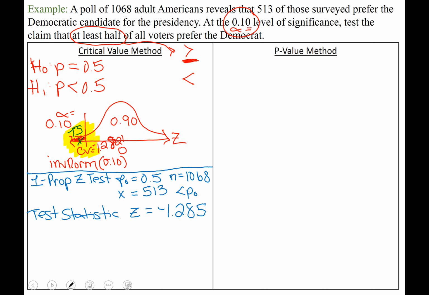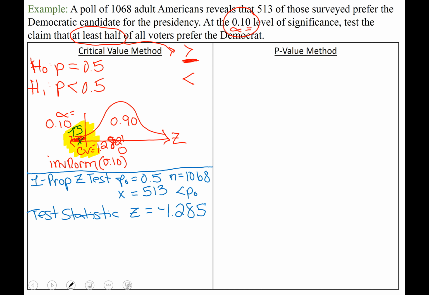It's the comparison of the test statistic and the critical value. And I want you to remember that I had to do what was in red first. So I had to do the critical value. That's what created that red region in the tail. Then I find the test statistic and figure out if it lies in that rejection region or on the other side of the critical value, which would be the fail to reject region.